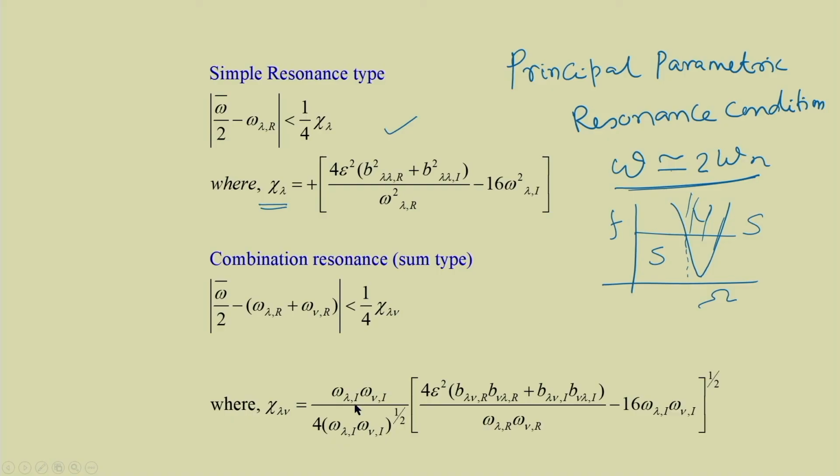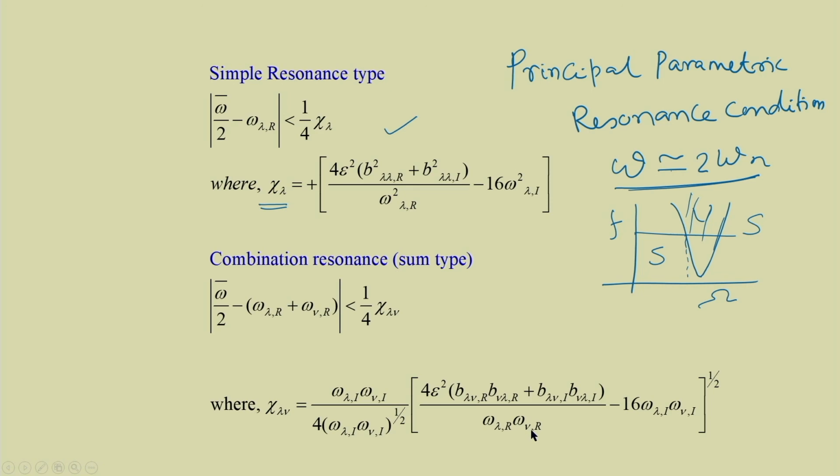As I already told you, omega is the square root of lambda. So, omega lambda I into omega v I divided by 4 omega lambda I into omega v I, to the power half, into 4 epsilon square b lambda v r b lambda r plus b lambda v I and b v lambda I omega lambda r omega v r.